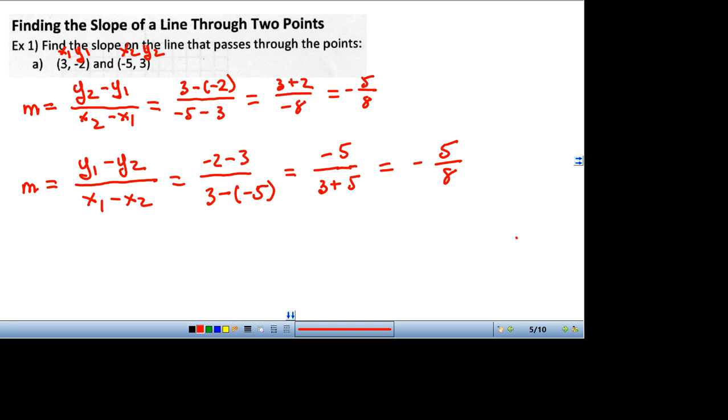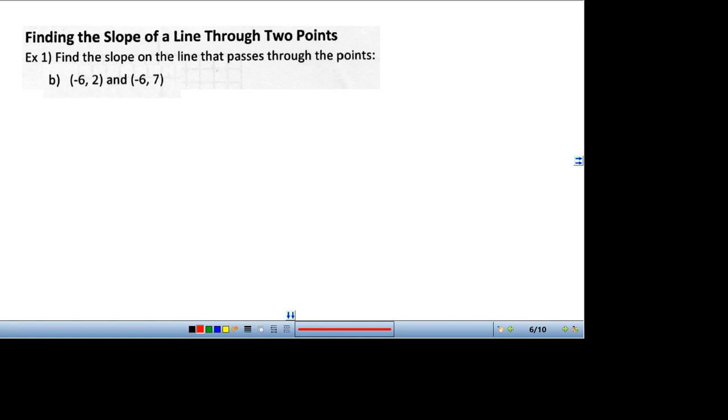Any questions? So moving right along. Find the slope of the line that passes through the points (-6, 2) and (-6, 7). So again, first off, I can look at that and I'm like, wait a second. My x is -6. My x is -6.